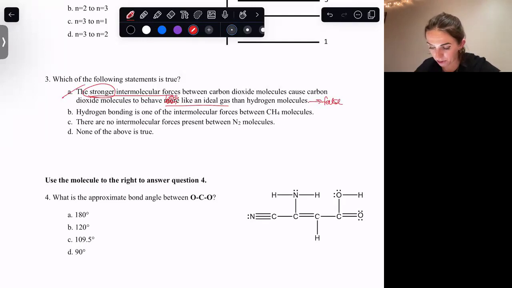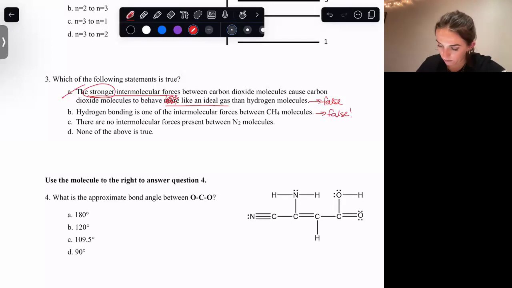For B, hydrogen bonding is one of the intermolecular forces between CH4 molecules. Is this true or false? Good, this one is false.